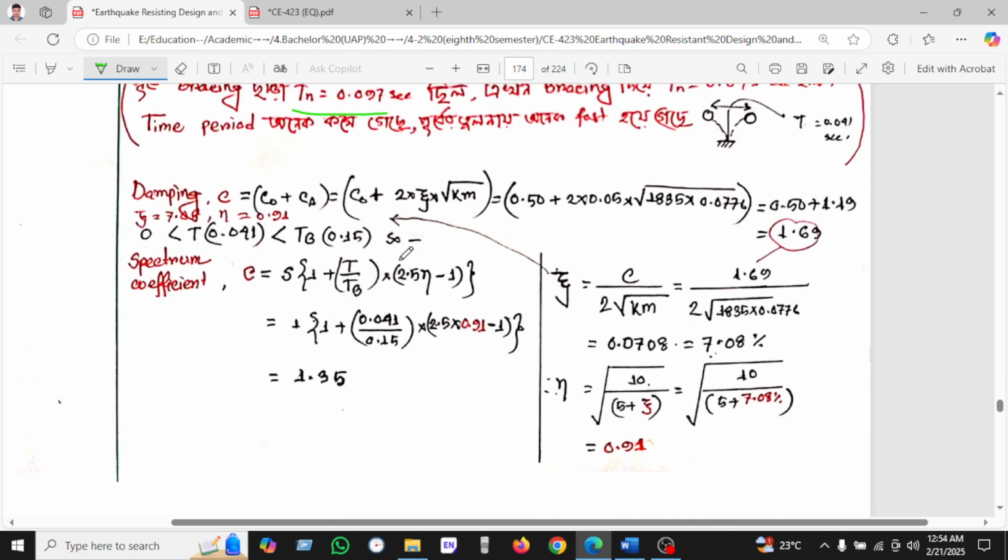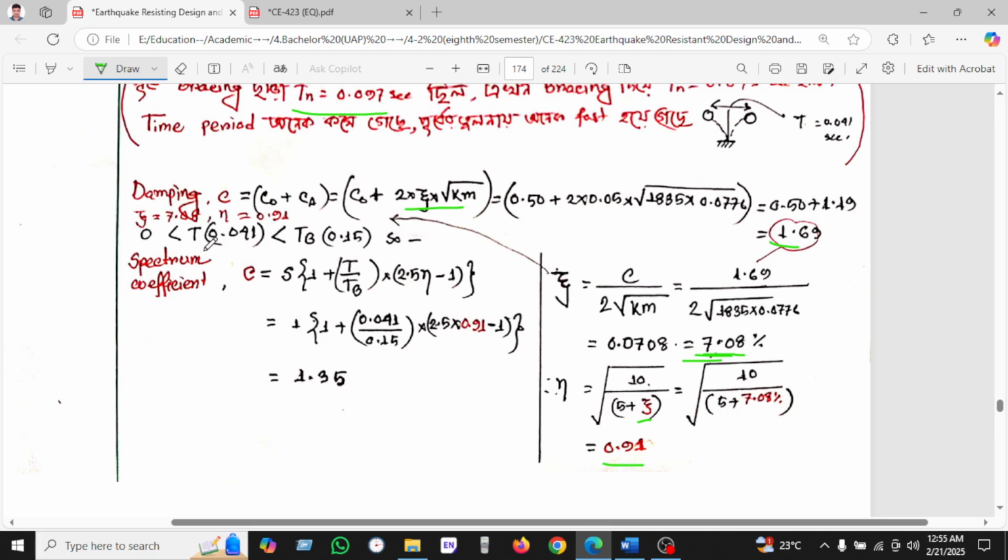Okay, so we can use another damping ratio. We can see here C will be C naught plus CA, which is 2 root over psi n, and we found 1.69, and damping equals root over C into root over K by M, which is 7.06, and eta will be 10 into root over 10 divided by 5 by psi, and psi is found 7.07, which is 0.91.